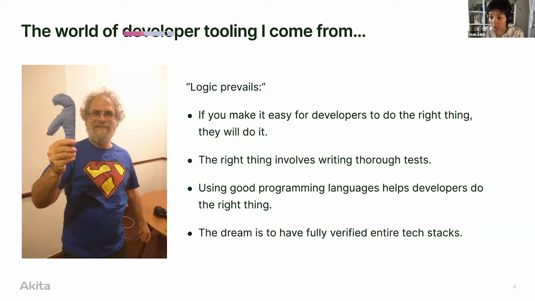And then the dream of a lot of that world was to have fully verified entire tech stacks. What does this mean? Some of you might have heard of the Curry-Howard isomorphism. This means programs are proofs, and you need proofs of a program component. The belief was you can mathematically model all of your software, and then you could write proofs about what the software is supposed to do, and then that will be all of software.